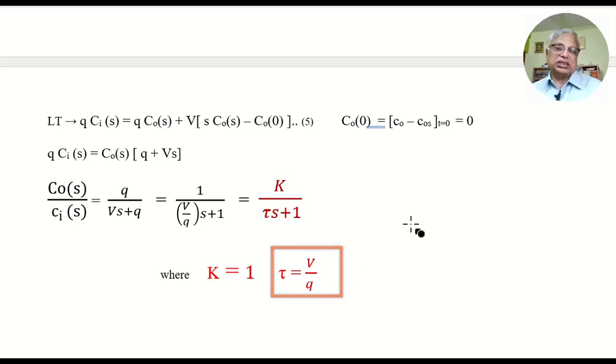Well, that is an example of a first order system whose transfer function is derived and shown to be of the standard first order form.